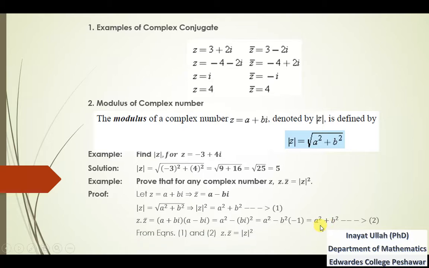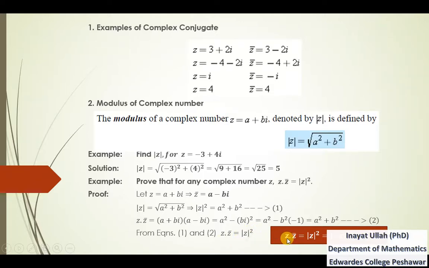So from equation 1 and 2, the square of the modulus of z is the product of z with its conjugate. We have proved in this example that z into z conjugate is the square of its modulus.